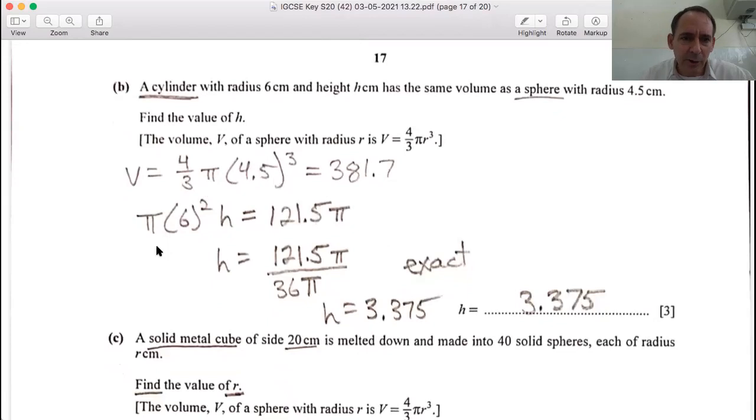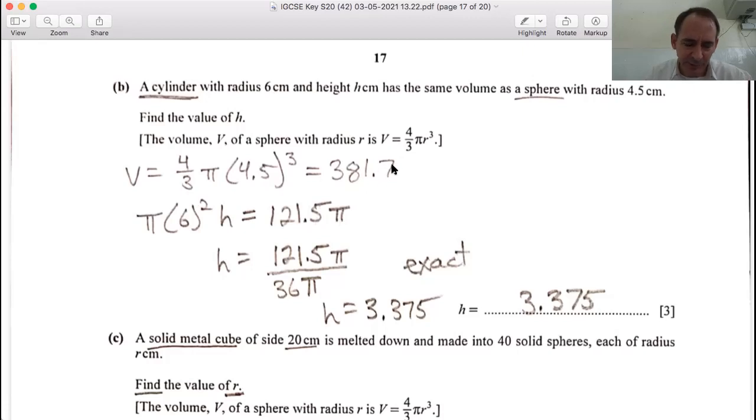And now going to the cylinder, a cylinder has a volume of pi r squared times the height. The r is 6 for the cylinder, and our volume over here is 121.5 pi.